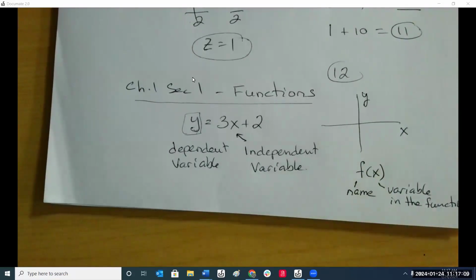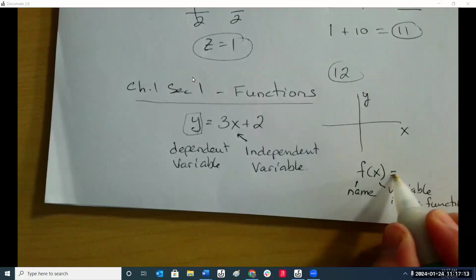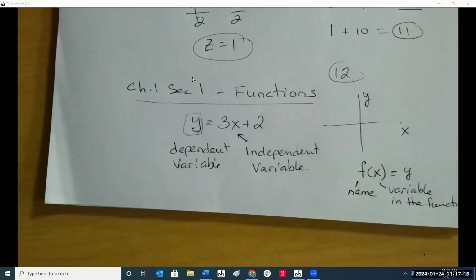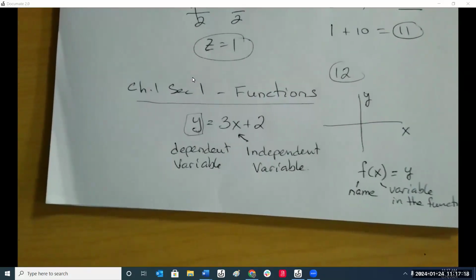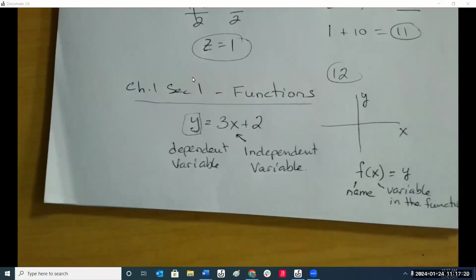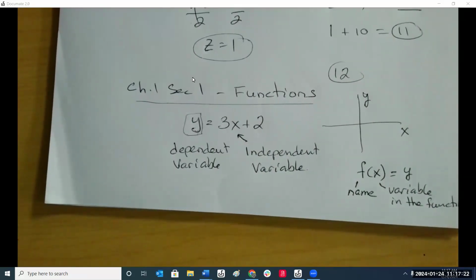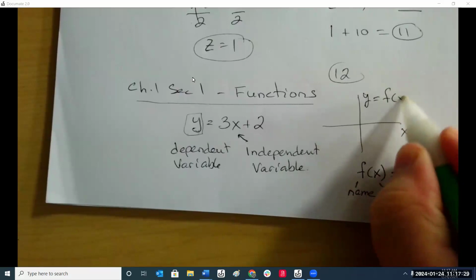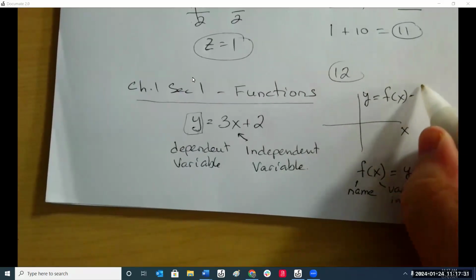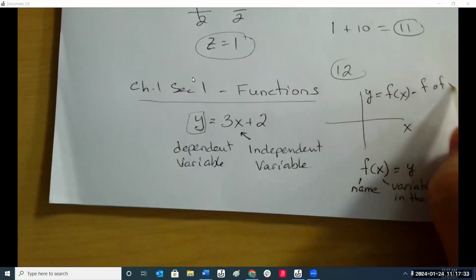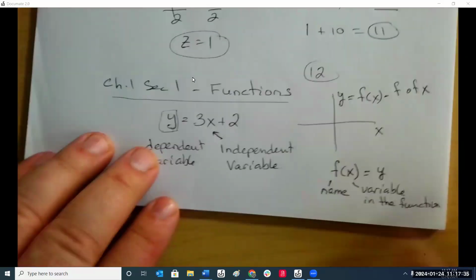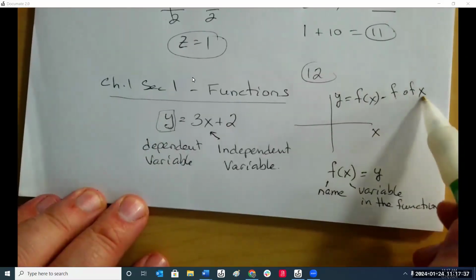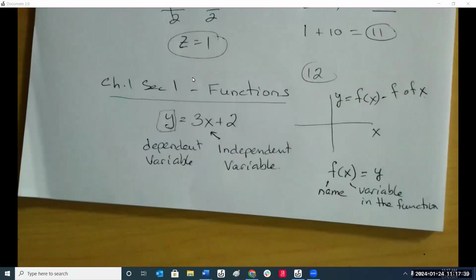So that's the independent variable. It's the same thing as y. It just looks different. It looks more impressive, actually. If you want to impress people at parties, put a function down. So y and f of x are the same thing. That's how this is read: f of x, the function f of variable x. We just call it f of x.